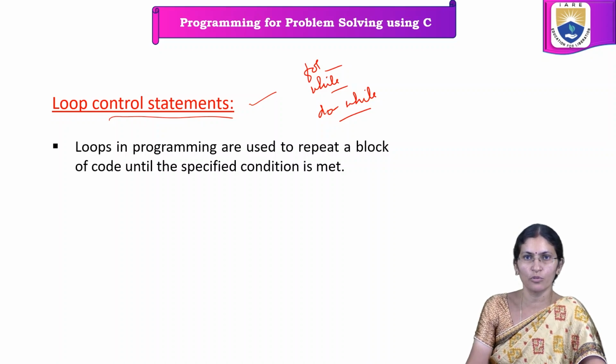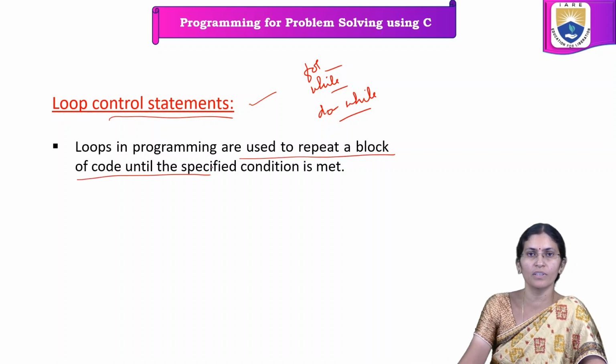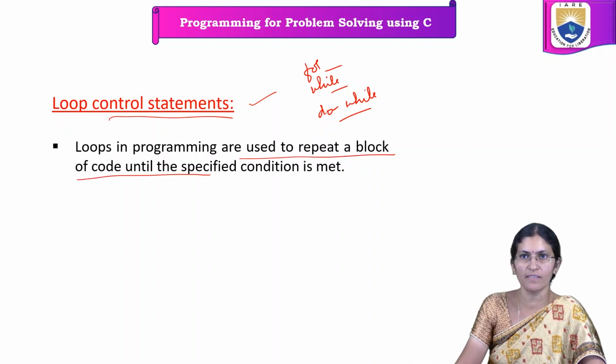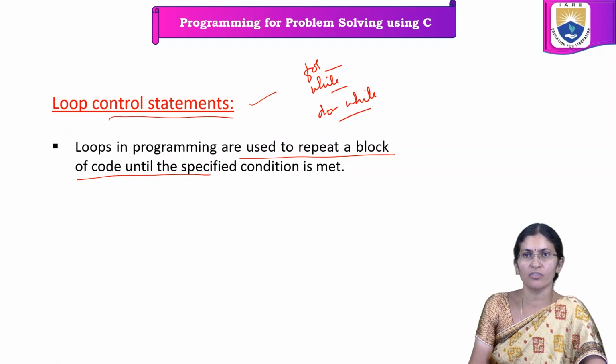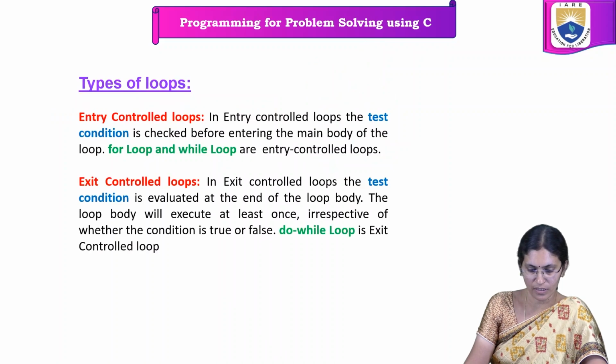These are used to repeat a block of code until the specified condition is met. In the last video lecture we discussed the for loop syntax, while loop syntax, do while loop syntax, along with the flowchart for all the loops, and we saw one program for each of the loops.